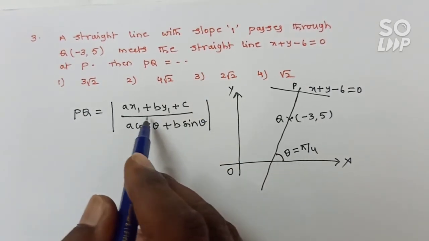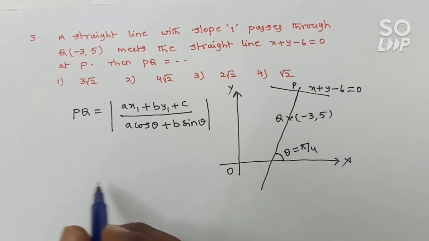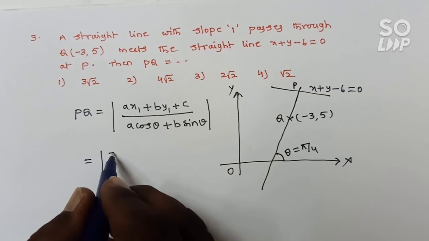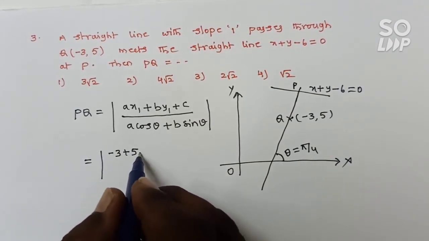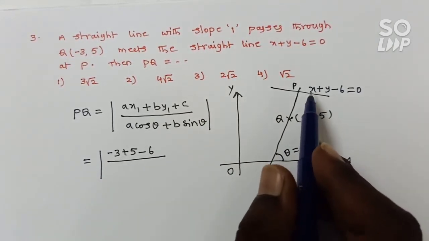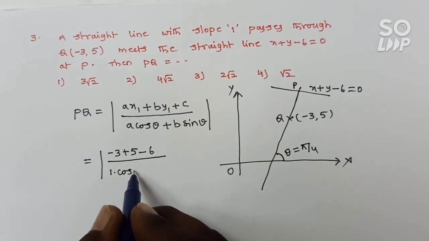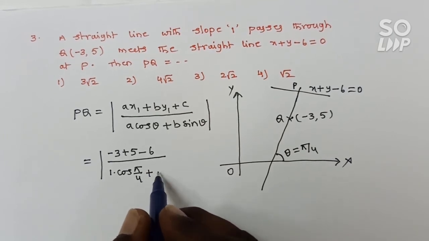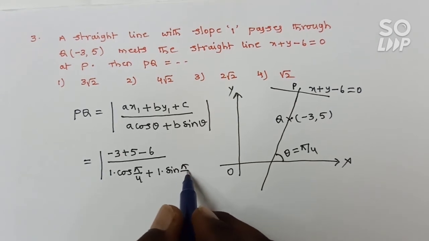What is the meaning of the numerator value? Directly substitute the point Q into this line. That is modulus of minus 3 plus 5 minus 6, whole divided by A, the x coefficient of this line, 1 into cos pi by 4, plus B, the y coefficient, 1 into sin pi by 4.